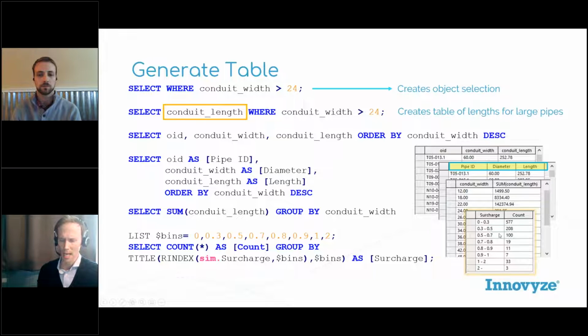And that's going to come up with a table. So you can see that all of your pipes with a surcharge value of 1, so they're full, there's 33 of them, but 3 of them are full, and the current flow exceeds the theoretical flow from Manning's equation. So these would be pipes that are actually hindering the flow upstream.